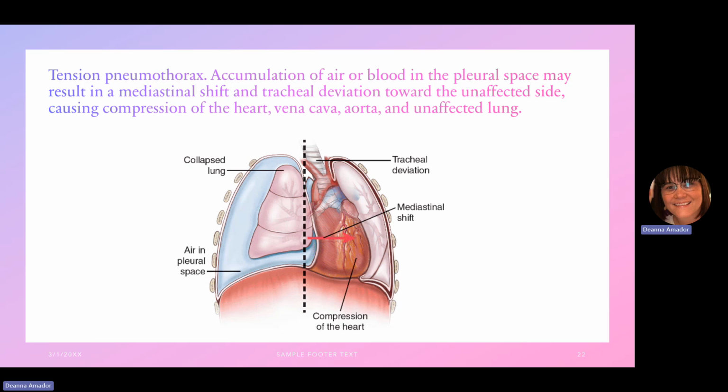We've gone over this multiple times with you guys, but obviously keep the tubing free from kinks or loops, because that in itself could cause a tension pneumo. We don't want to do that. And we don't clamp the chest tube unless there's an order for it.